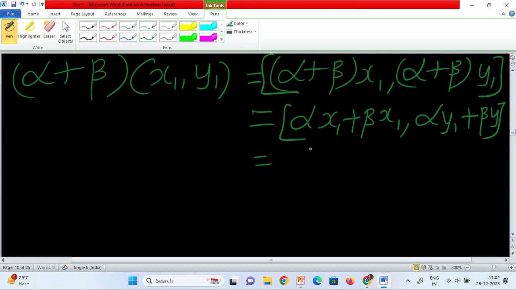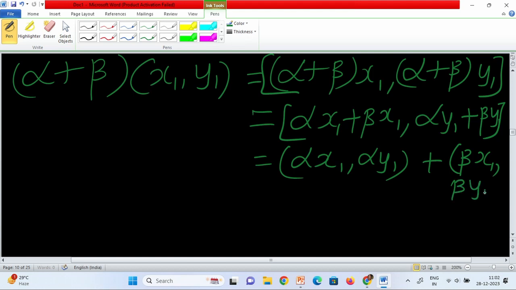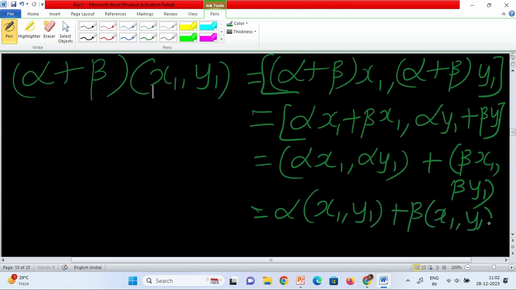This equals (alpha x1, alpha y1) plus (beta x1, beta y1), which in turn is alpha into (x1, y1) plus beta into (x1, y1). So (alpha plus beta) into (x1, y1) equals alpha into (x1, y1) plus beta into (x1, y1).